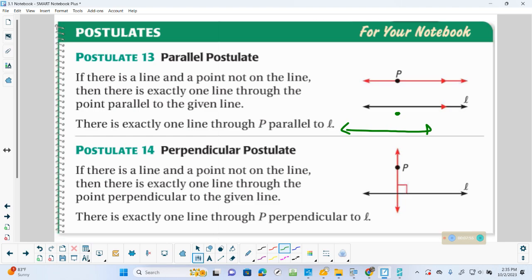You can only make one parallel line to it. Same for perpendicular. If I slant it either way too much, it's not going to make a right angle. There's only one exact way you could draw it to make it be a perpendicular line. That's what these are saying. Kind of, if you ask me, common sense, which we have a lot of.